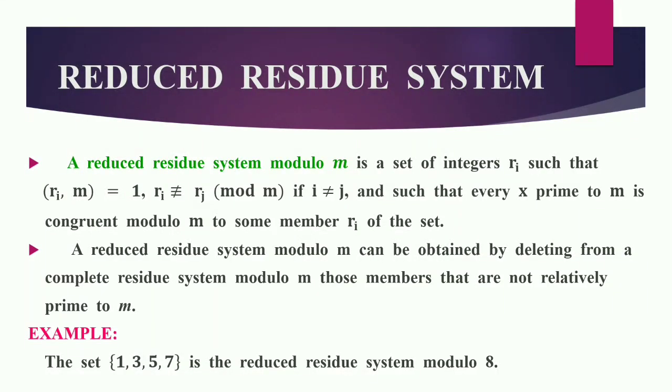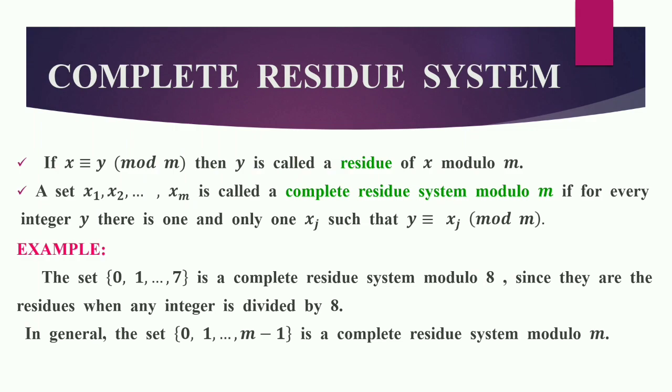Reduced residue system. We can simply obtain a reduced residue system modulo m from the complete residue system modulo m by deleting the members that are not relatively prime to m, or by choosing the members that are relatively prime to m. For example, the set 0, 1, 2, etc. up to 7 is a complete residue system modulo 8.